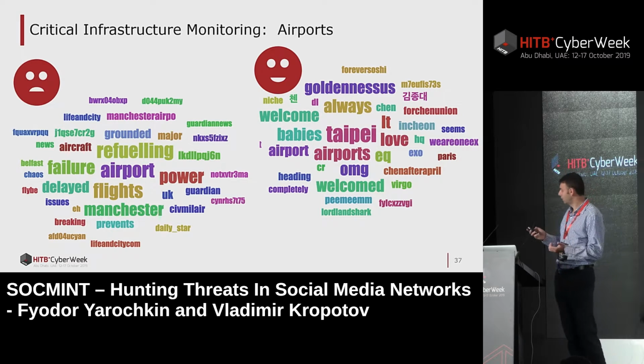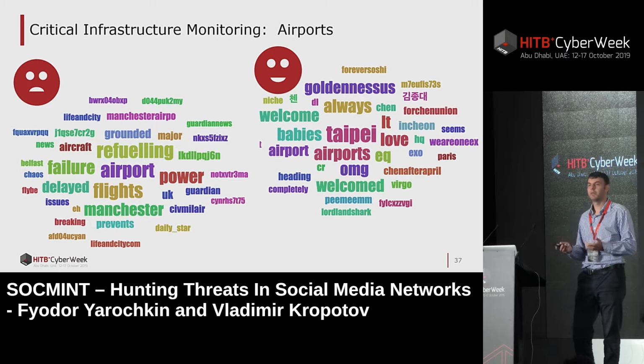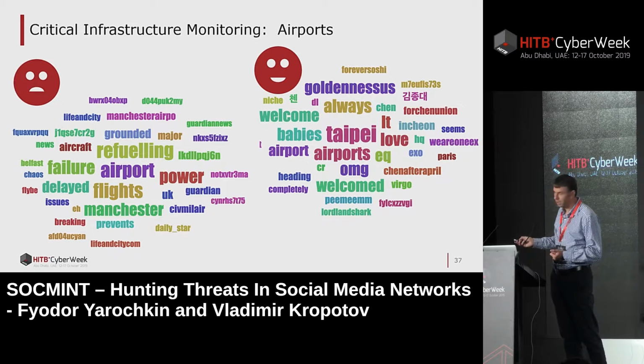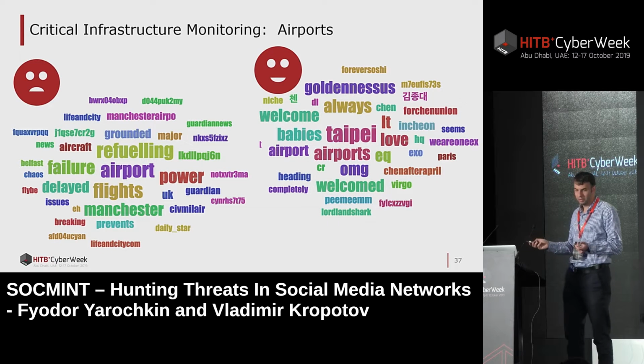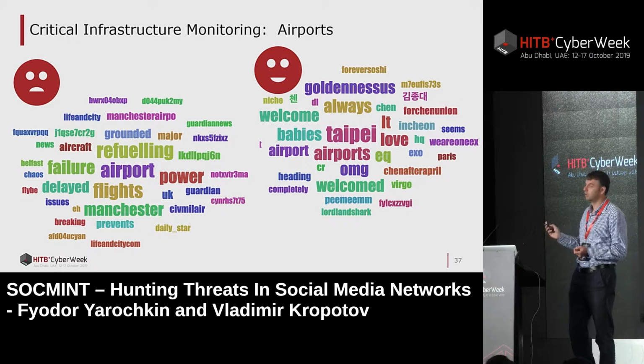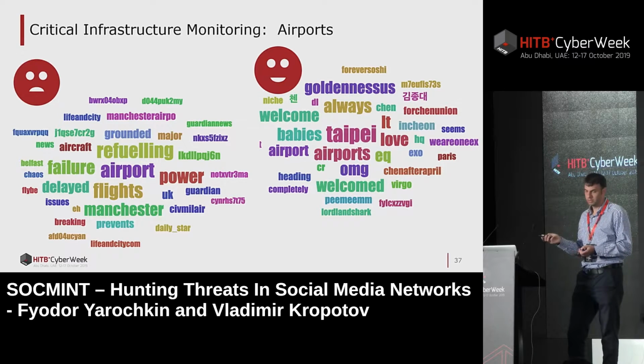On the left, you can see the situation at Manchester Airport. There was a problem with refueling the planes, and we can see a very negative mood: grounded, refueling, delays, and so on. And this is the normal situation, for example, at Taipei Airport, with positive moods: welcome, heading.